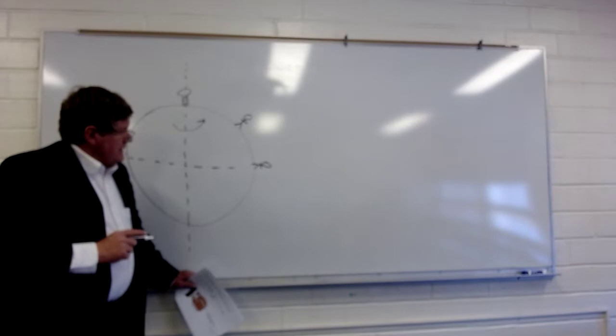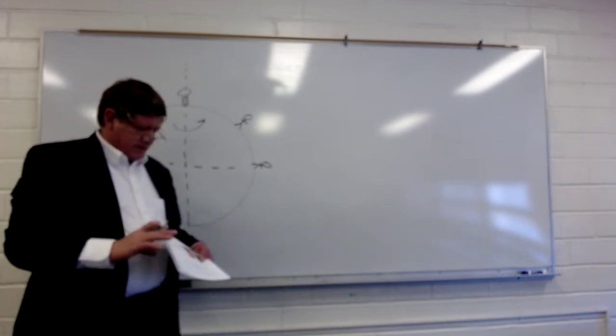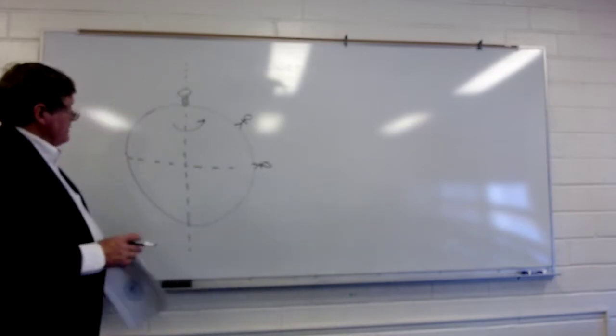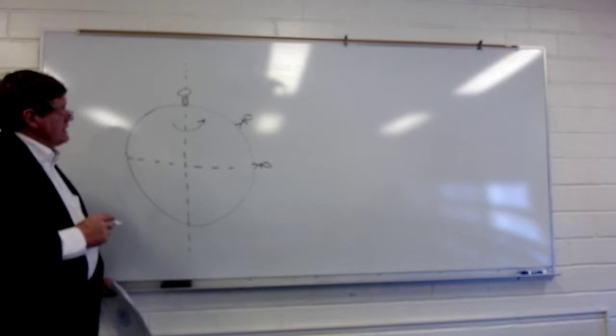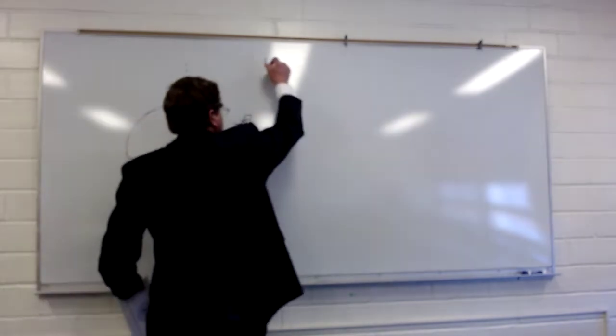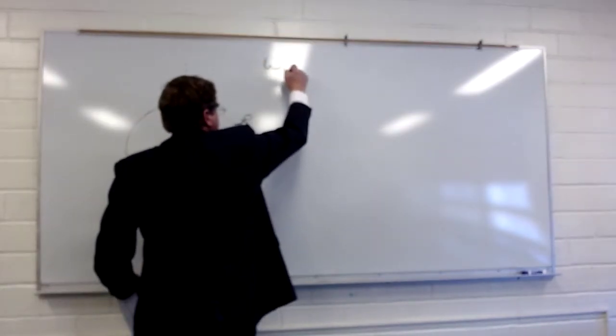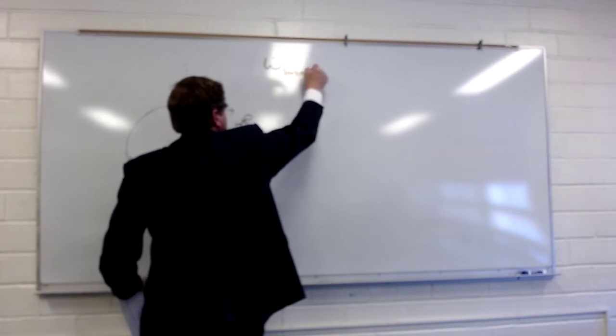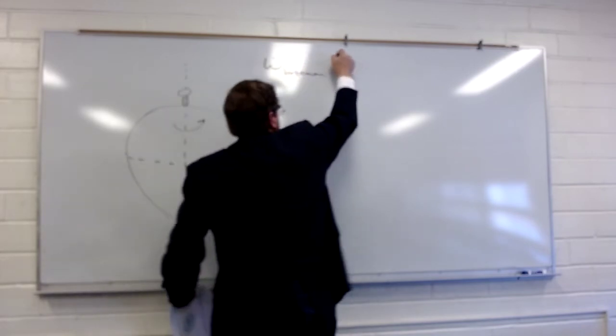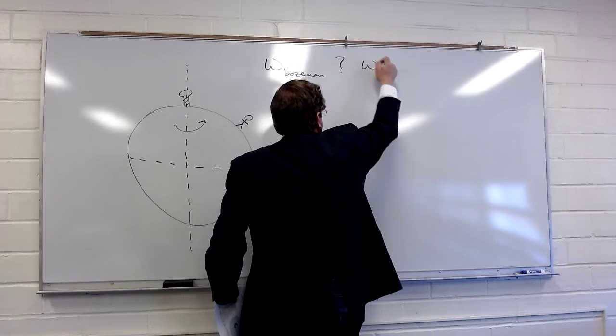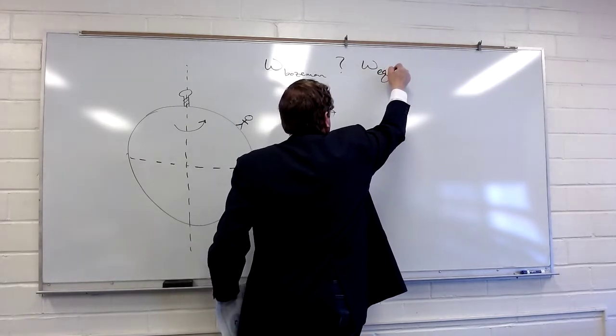And they're asking us to compare the angular velocity, the omega for Bozeman, versus the omega at the equator.